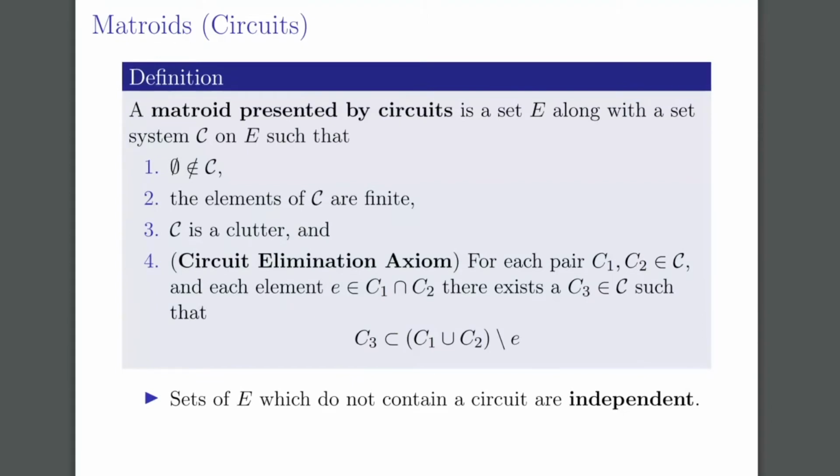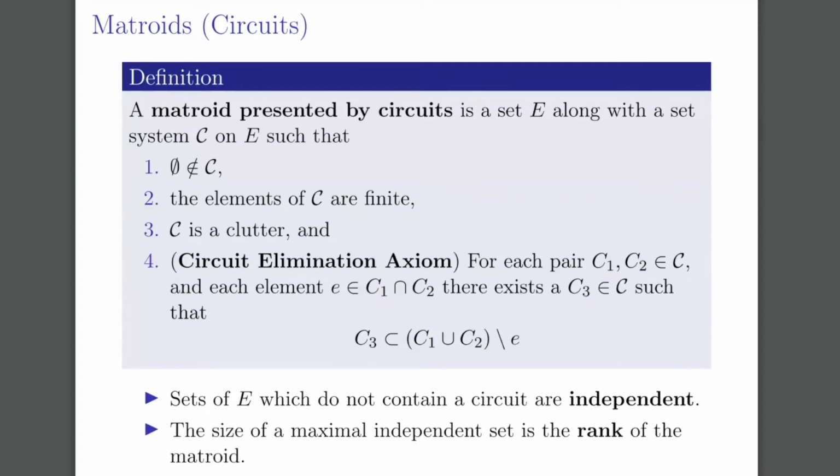All right, and we're not going to be working with independent sets, but we do need them for this more important definition, which says that if I look at my collection of independent sets, and I look at the size of a maximal independent set, this is going to be finite in our case. We're going to call this number the rank of the matroid. The size of a maximal independent set is the rank of our matroid.